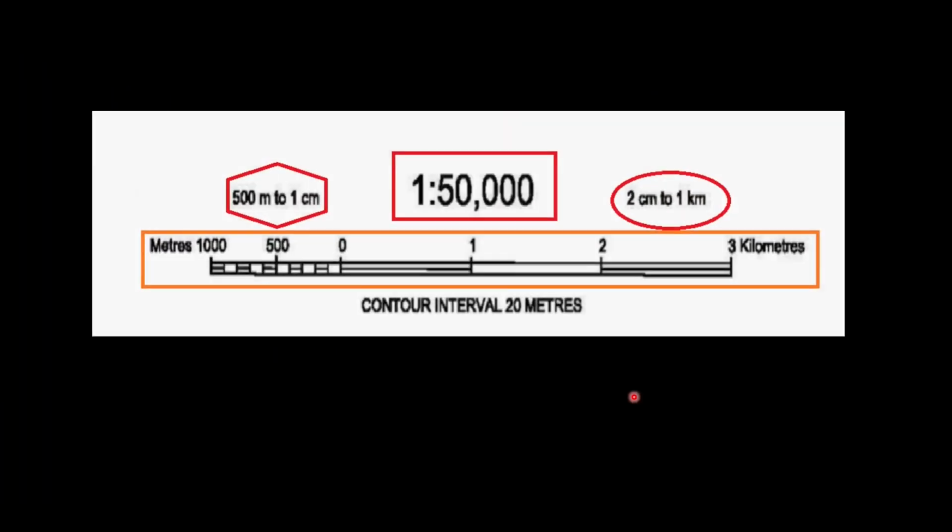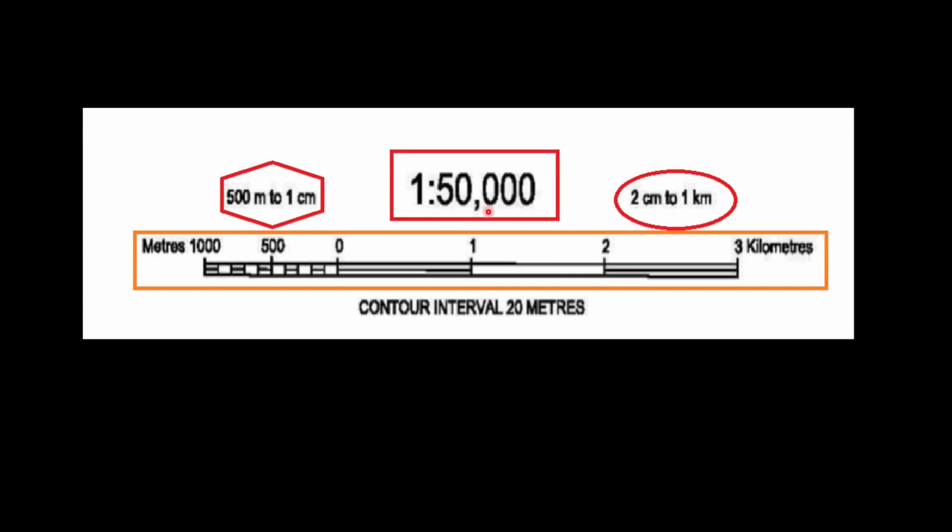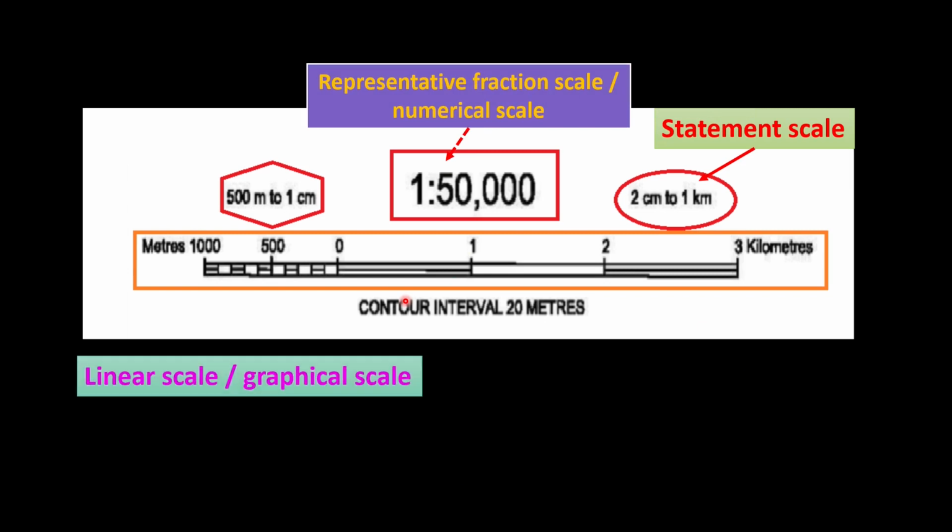Here, let us elaborate. 2 centimeters to 1 kilometer, that is the statement scale, which is written in words. Then 1 is to 50,000, that is the representative fraction. And the linear scale or graphical scale is the line which has been graduated.